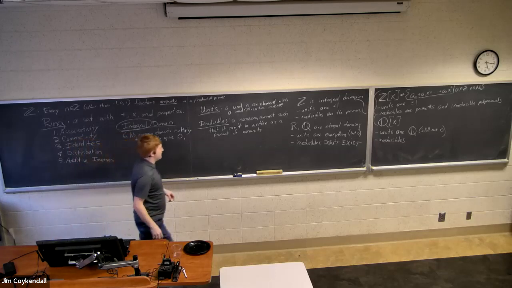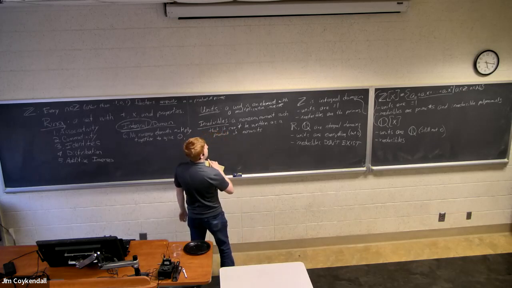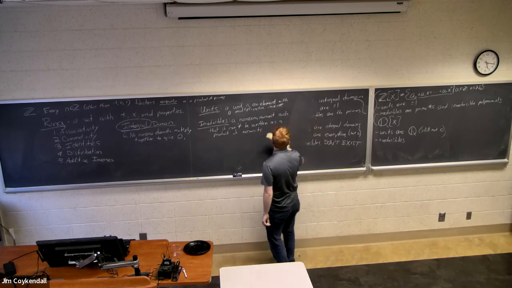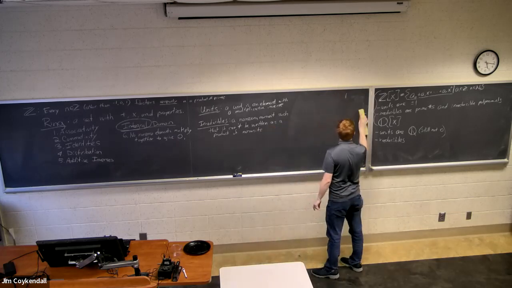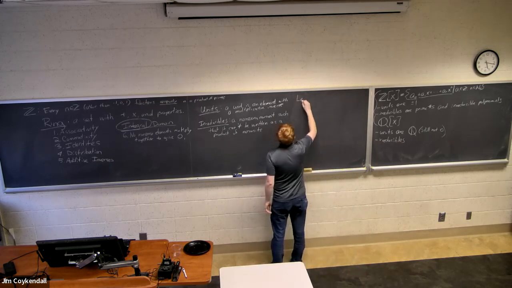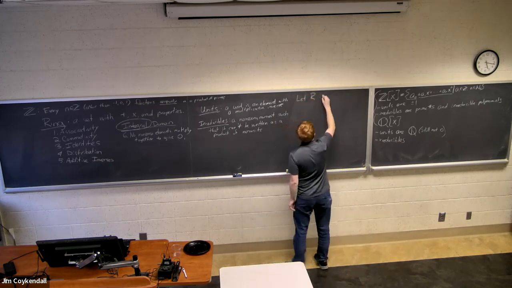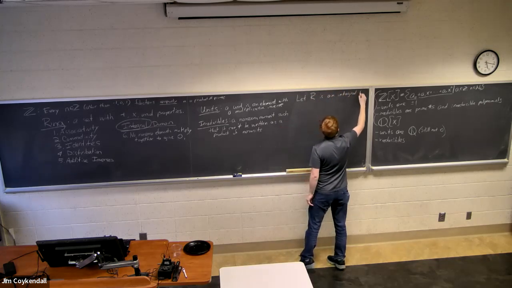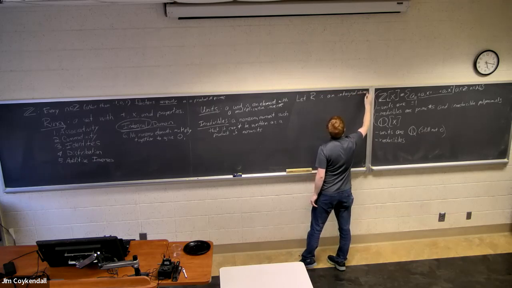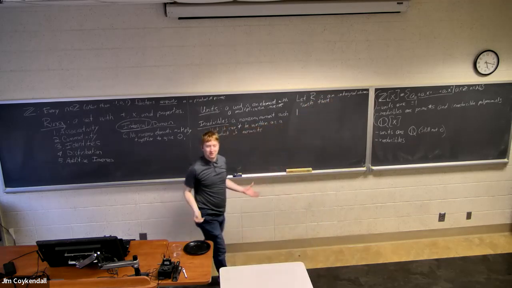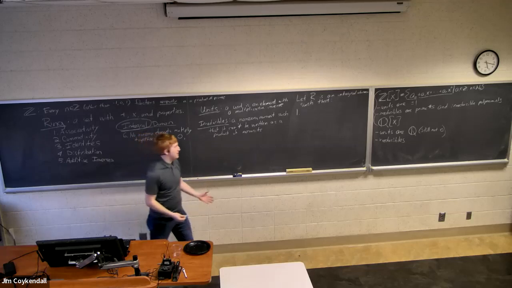Well, I'm going to write up the definition. This seems like a good place for it. So let's say R is an integral domain such that, and now we're just going to write up a bunch of things that collectively mean we have unique factorization.